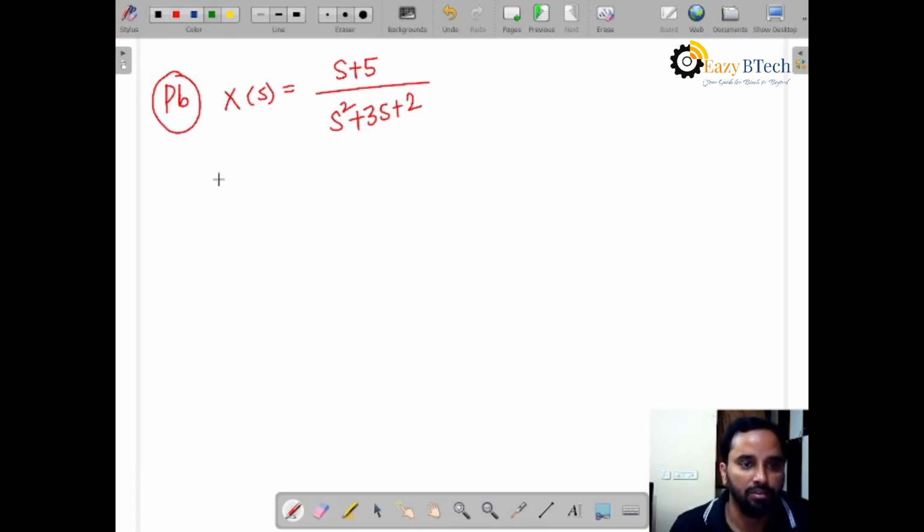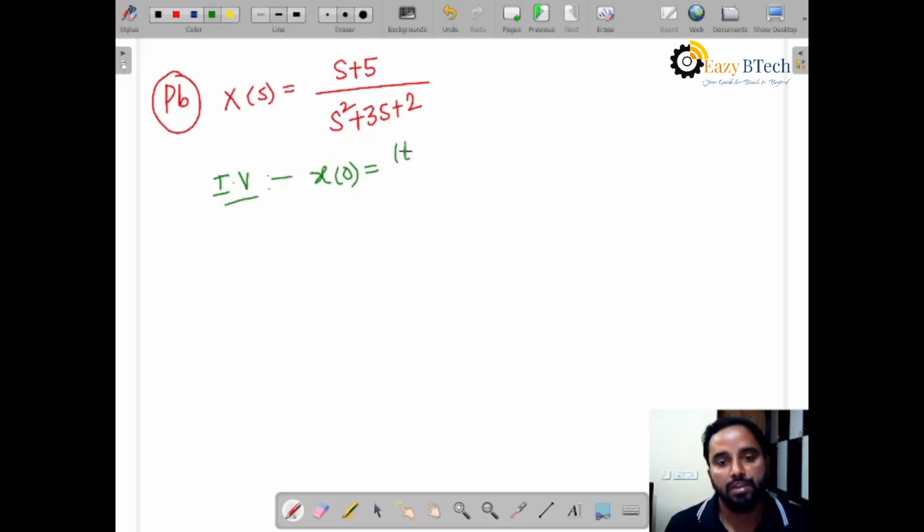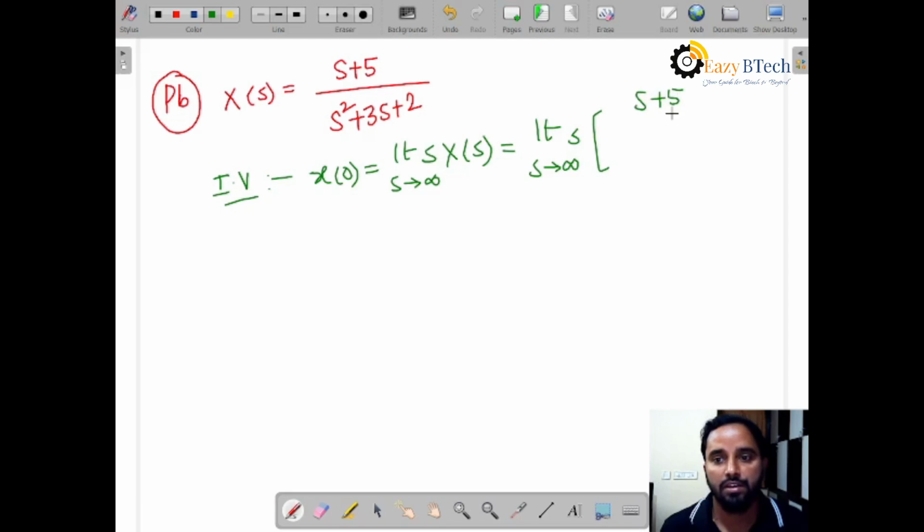The initial value: X of 0 is equal to limit s tends to infinity of s into X of s. Substitute X of s, s plus 5 divided by s square plus 3s plus 2.